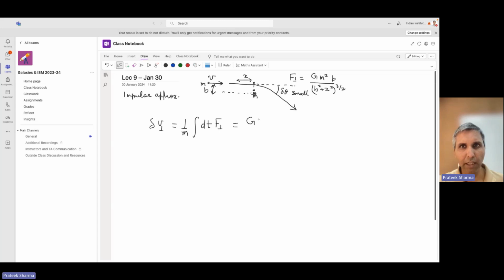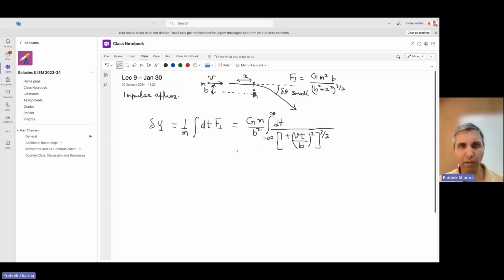Plugging in that F perp, you get G m by b squared, dt by (1 plus (Vt by b) the whole squared) to the 3 by 2. This is a simple integral to do.